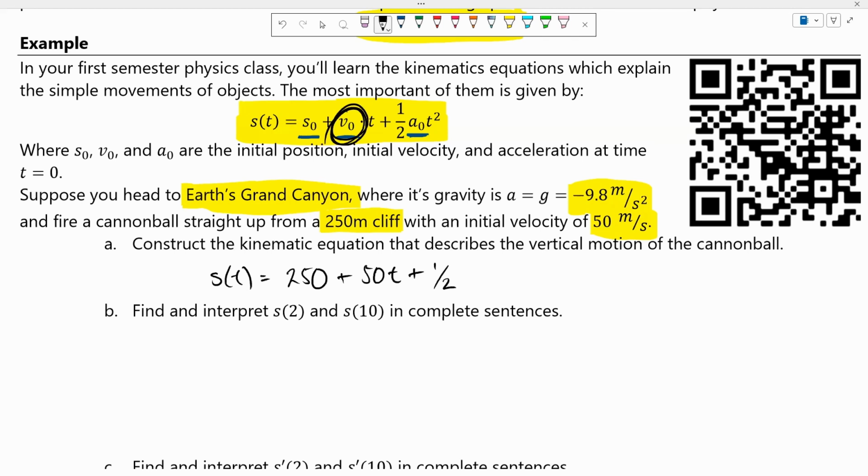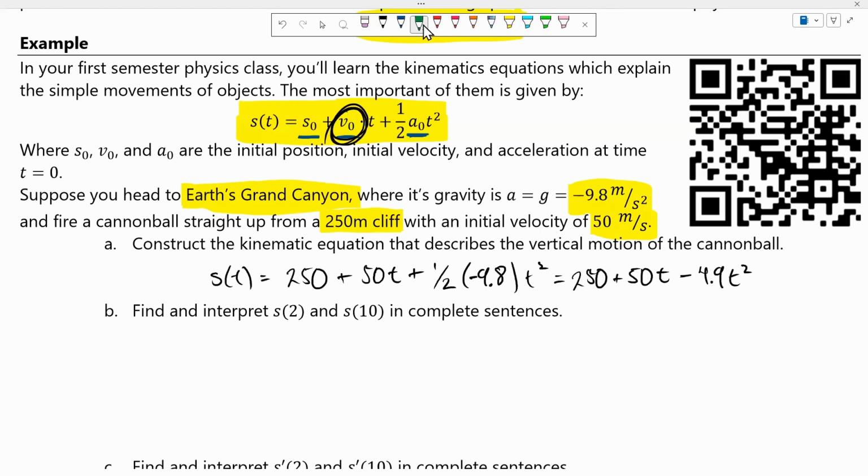My acceleration is negative 9.8 meters per second squared. And then there's just going to be a t squared. Okay. So if I simplify it all down, I get 250 plus 50t minus 4.9 t squared. Bam.